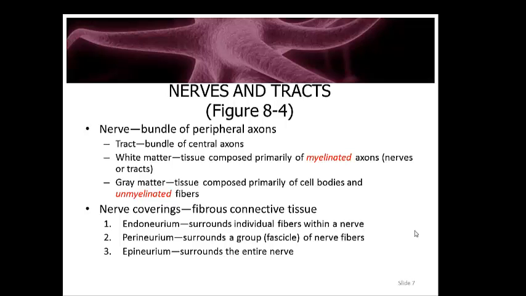We then go to the middle nerve covering that surrounds a group of nerve fibers, and that is called the perineurium. The outermost nerve covering that surrounds the entire nerve is called the epineurium. As I remind students, think of the epidermis, the epidermal layer of the skin, which is the outermost layer, the part that we can touch. So in this case with the nerve covering, the epineurium is the outermost layer.